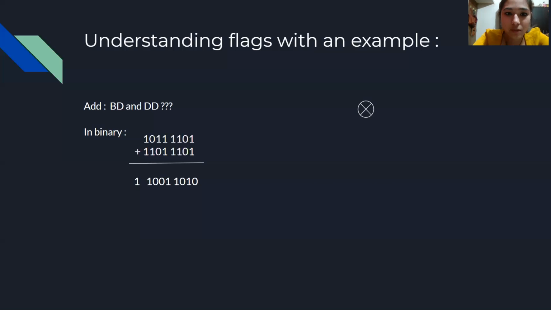Then 1 plus 1 would result in 0 and carry of 1. 1 plus 1 again would result in 0 and carry of 1. And next again 1 plus 1 would result in a carry of 1 and a result of 0. And we had 1 as a carry, so the result will be 1, and the answer will be 1001 1010. So we have an overall carry of 1 being generated.